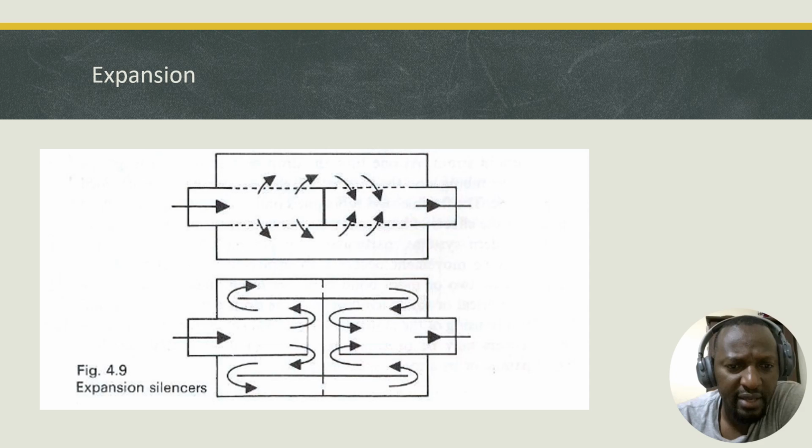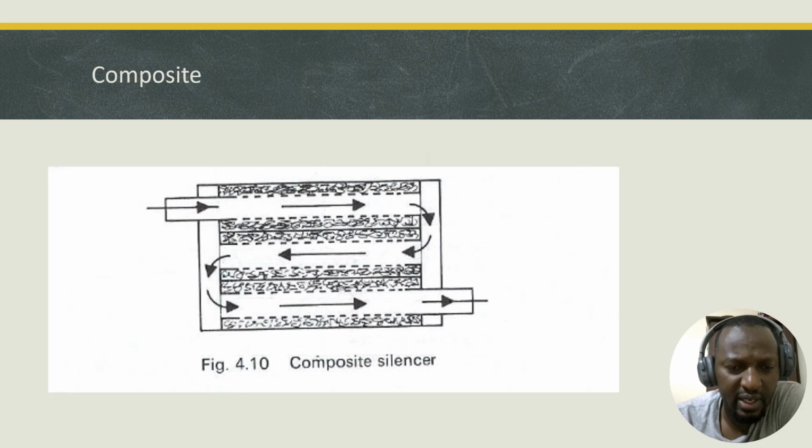Now, if you combine the two silencers, then we get what we're calling a composite. You have the first length of the silencer being an absorption silencer.